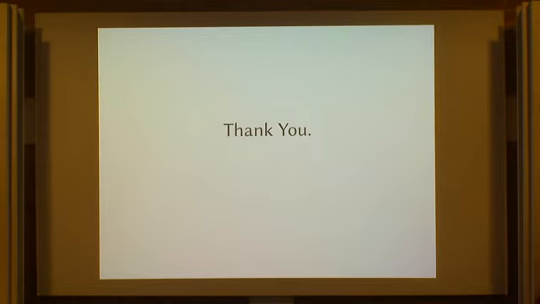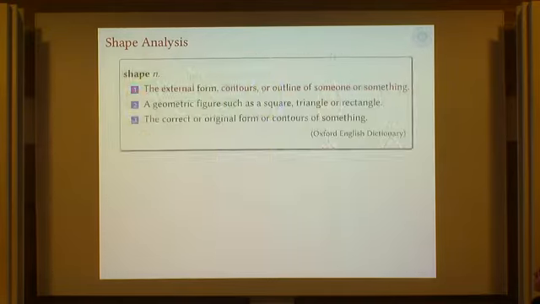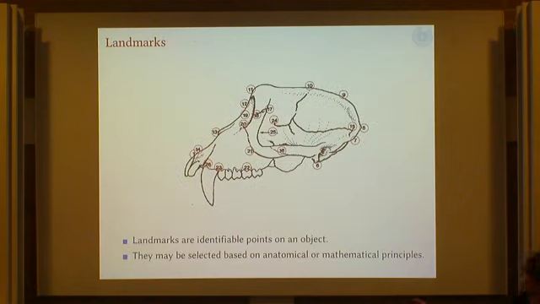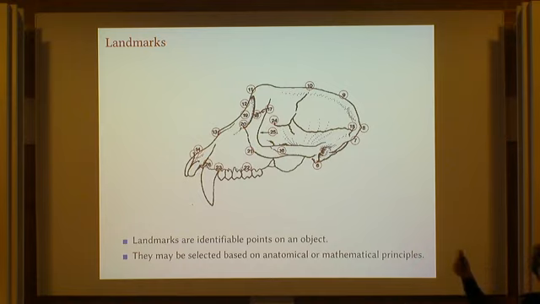infinite dimension. Well, you need to not just agree on the number, but you also need to say how you define each point, because you need to find the same point on each shape that you want to analyze. For example, you need to say point 8 is the rightmost point on my skull.